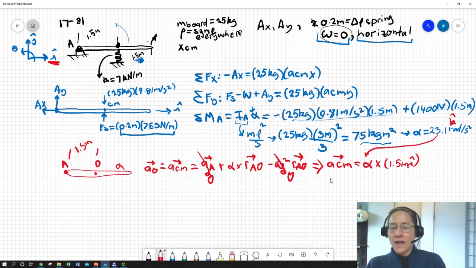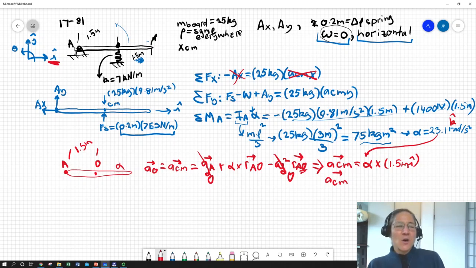So we're going to end up with a k-hat cross i-hat. So our A center of mass is only going to have a component in the j-hat direction, because in this case our R_AO only had a component in one direction. So as it turns out, the board doesn't have to exert any force in the horizontal, because that ends up being 0. So that made the statics a little easier.